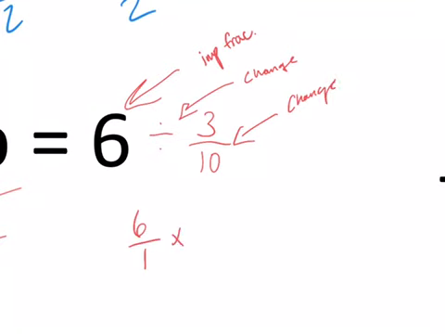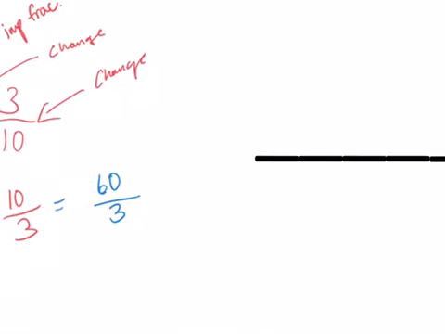I change my division to multiplication, and I change 3/10 to 10 over 3. Multiply straight across. 6 times 10 is 60. 3 times 1 is 3. Now, I need to divide this. 3 goes into 6 2 times, so 20.